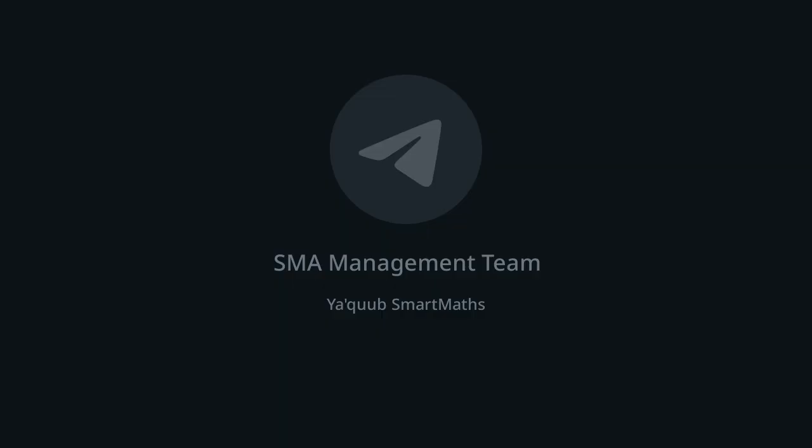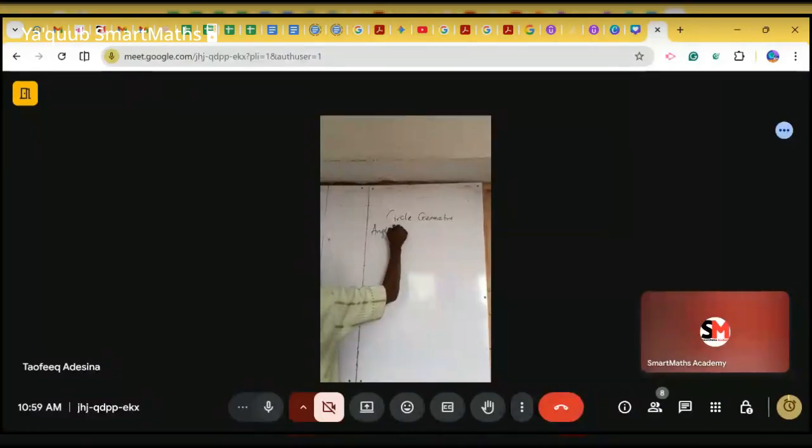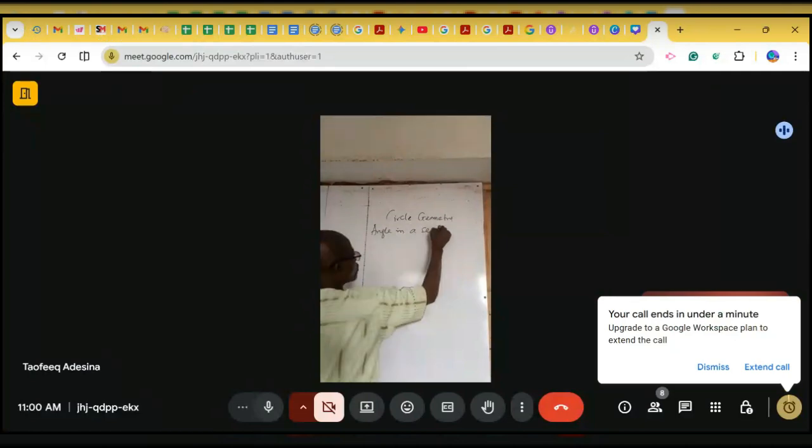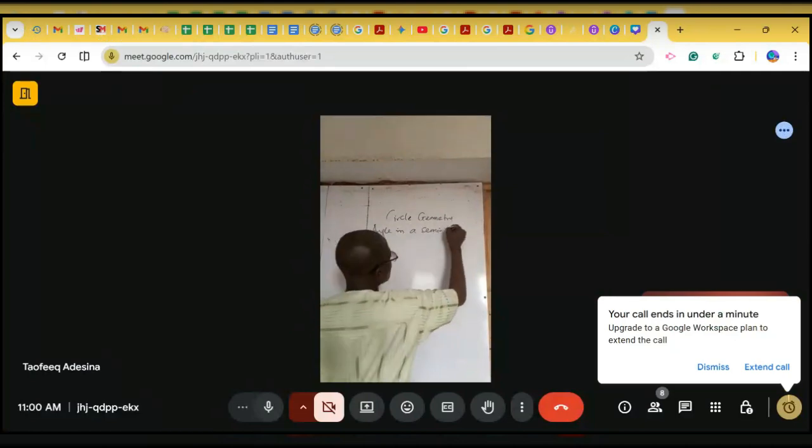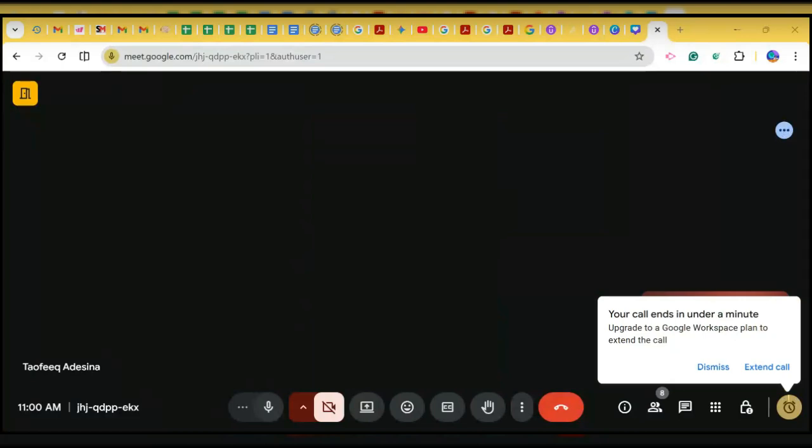The next theorem is angle in a semicircle. It's a right angle. That means 90 degrees. Please remember what I said earlier. We have to learn like this. What do we call this line?